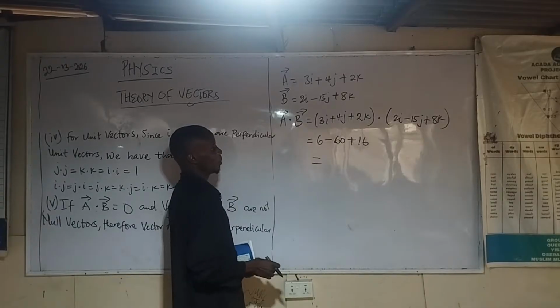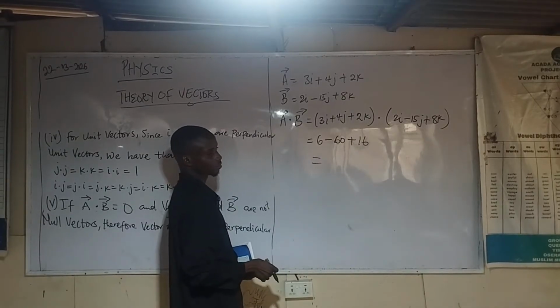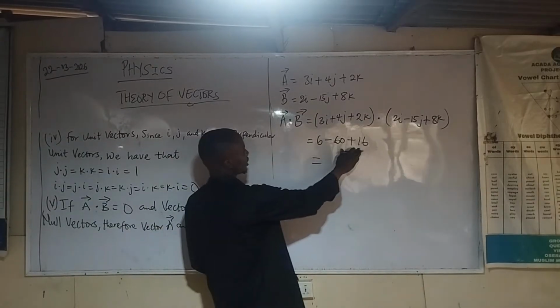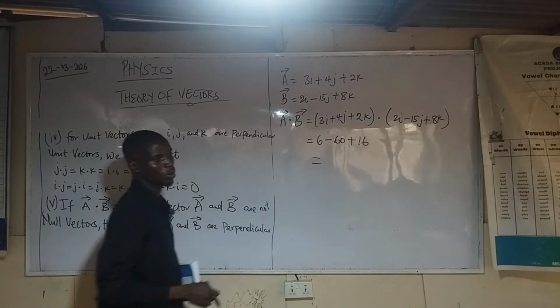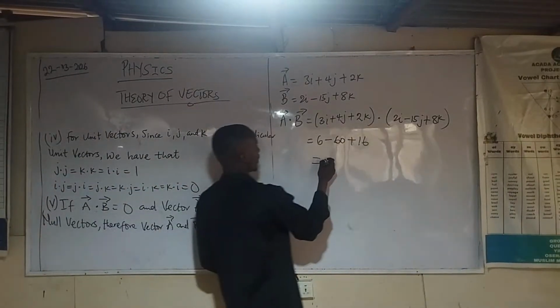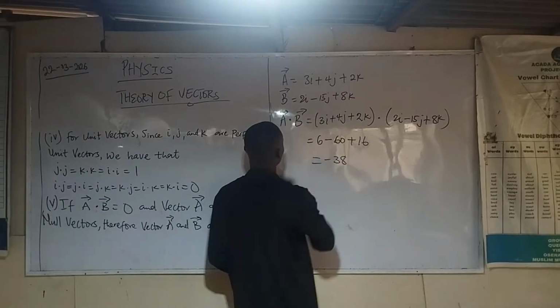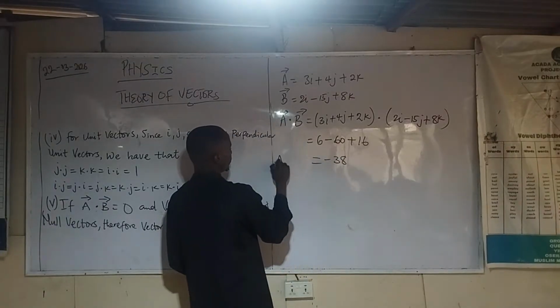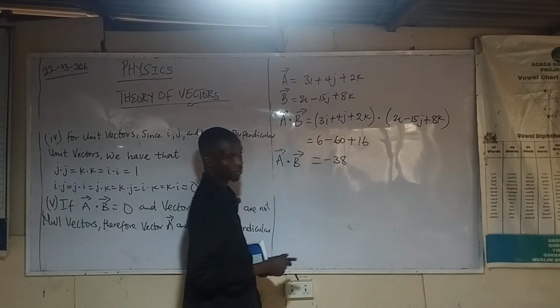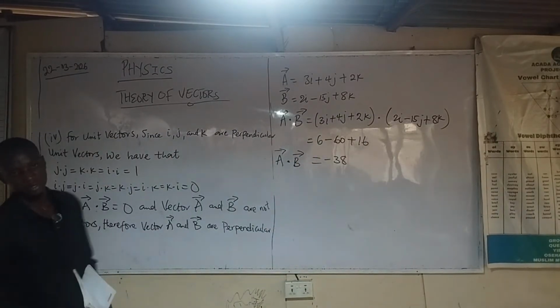So sum up, what do we have? Minus 38. 16 and 6 is 22. So we have minus 38. So vector A dot vector B will give us minus 38.